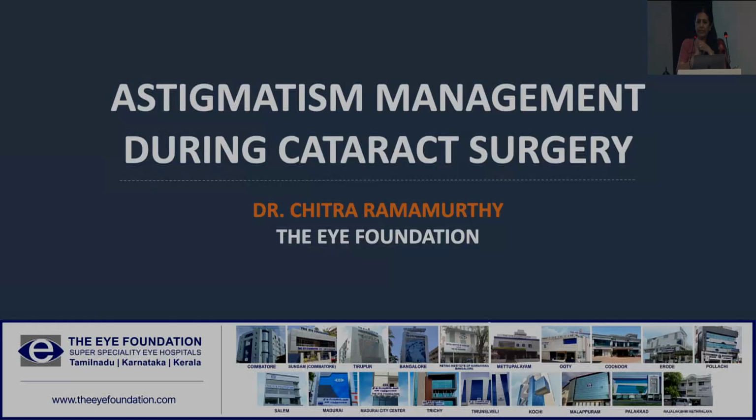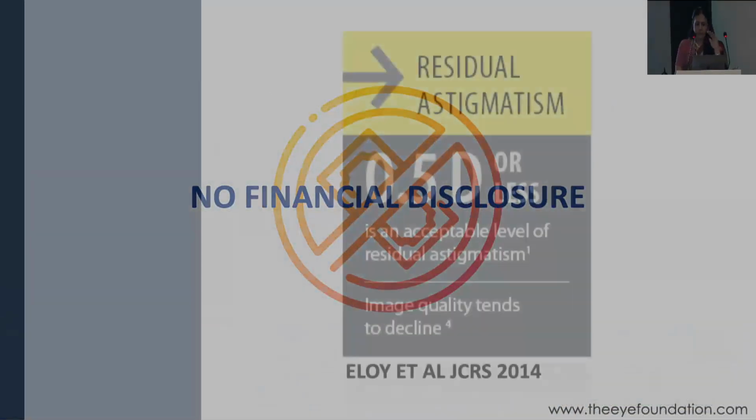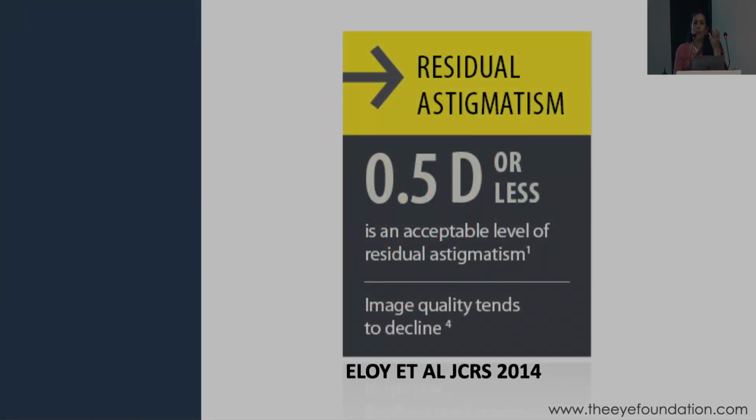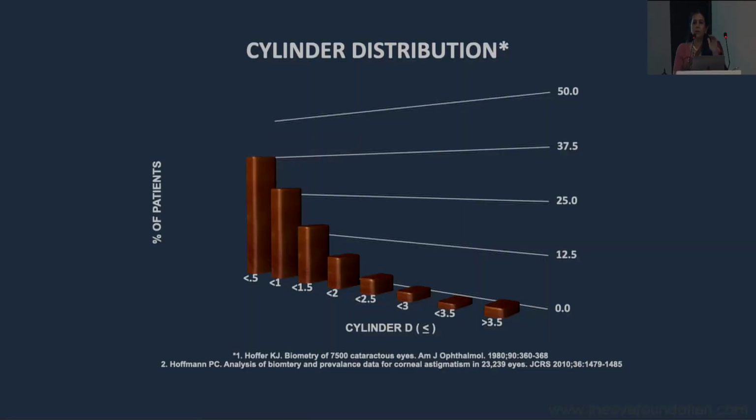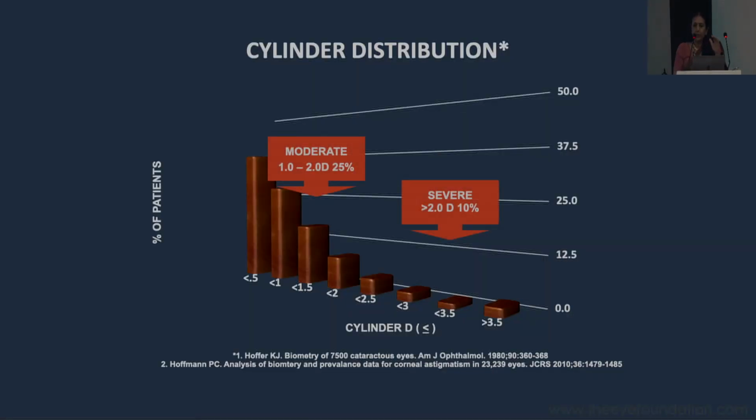So my duty in the next 15 minutes is to talk to you about astigmatic management during cataract surgery. Basically, why do you want to correct astigmatism? Because we have realized that even a residual astigmatism of more than 0.5 brings down the quality of the image. This was a study done of 7,500 eyes of cataract surgery patients, wherein they found that 25% of them had moderate astigmatism and about 10% of them had more than 2 diopter of astigmatism.